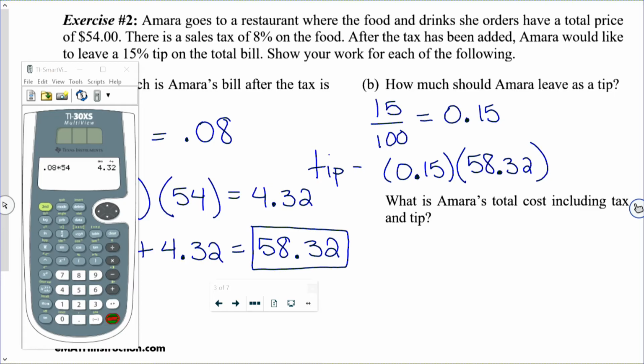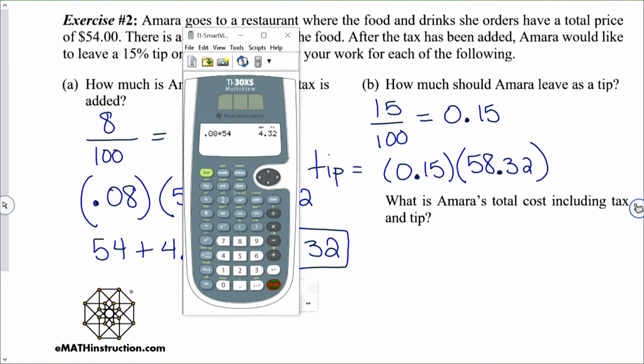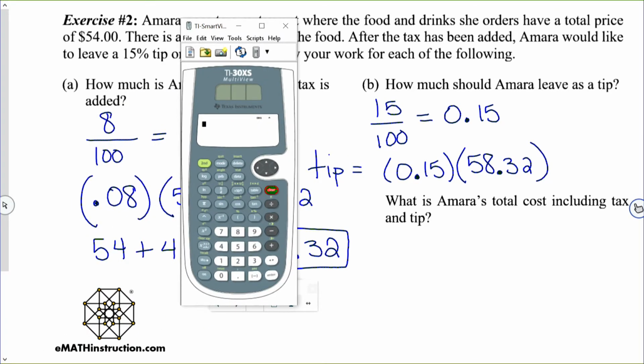The tip equals, and let's figure out what that is. All right, let me clear this out. 0.15 times 58.32 equals 8.748.